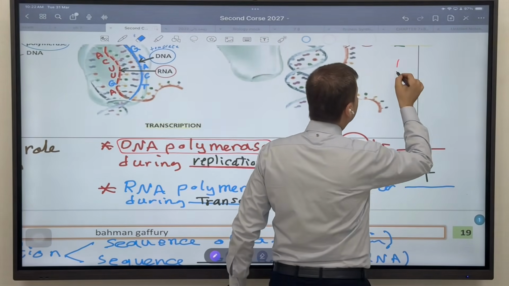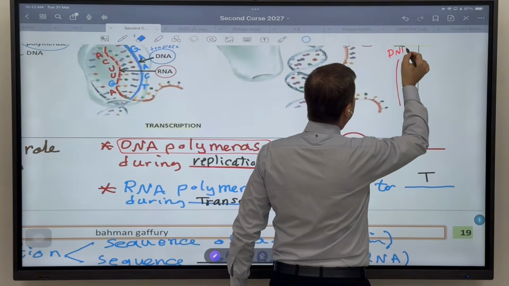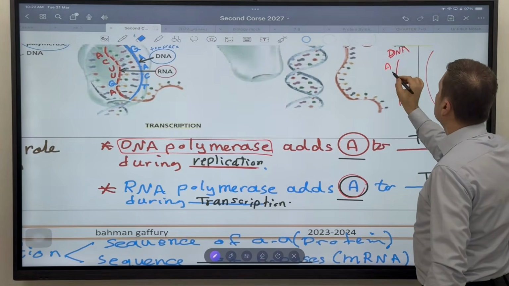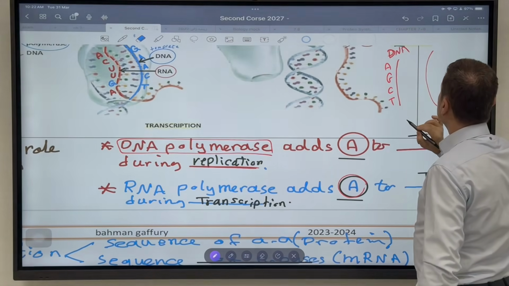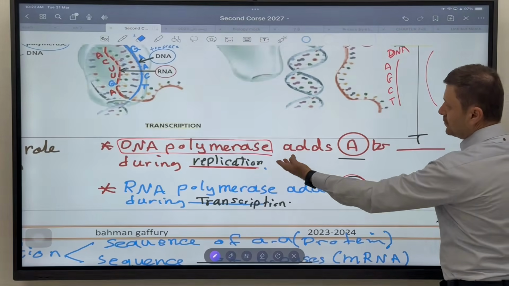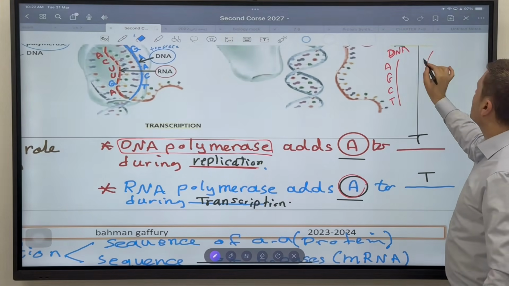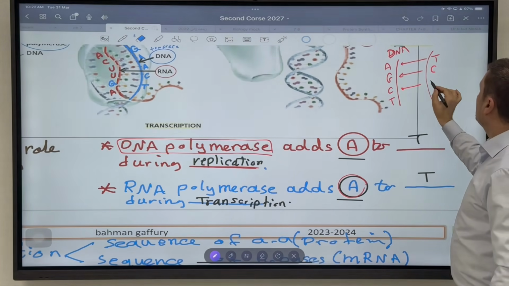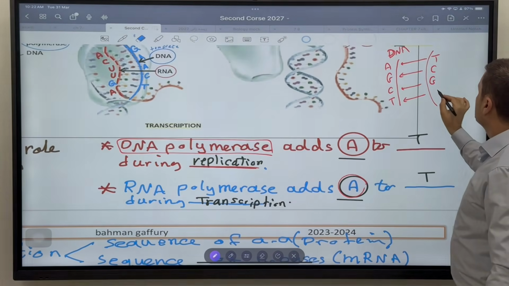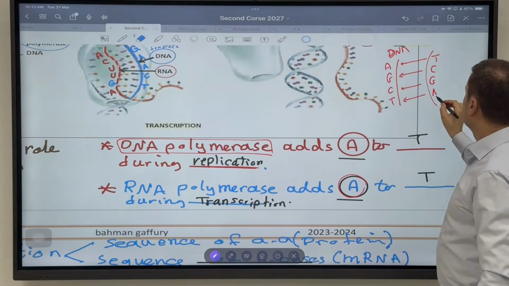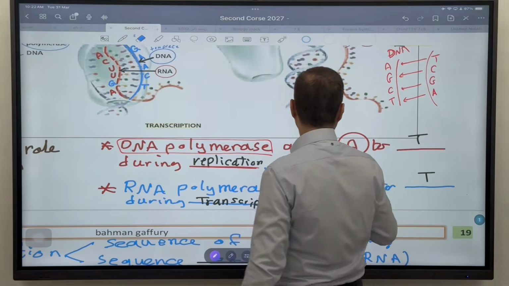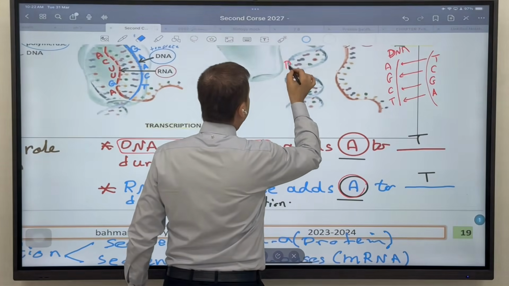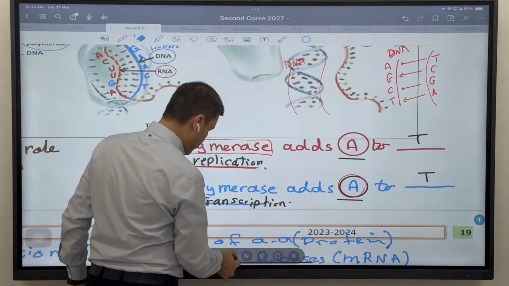For example, if we have DNA as a template with A, G, C, T, during replication, DNA polymerase adds T to A, C to G, G to C, and A to T. But during transcription, we also have DNA, but RNA is formed.